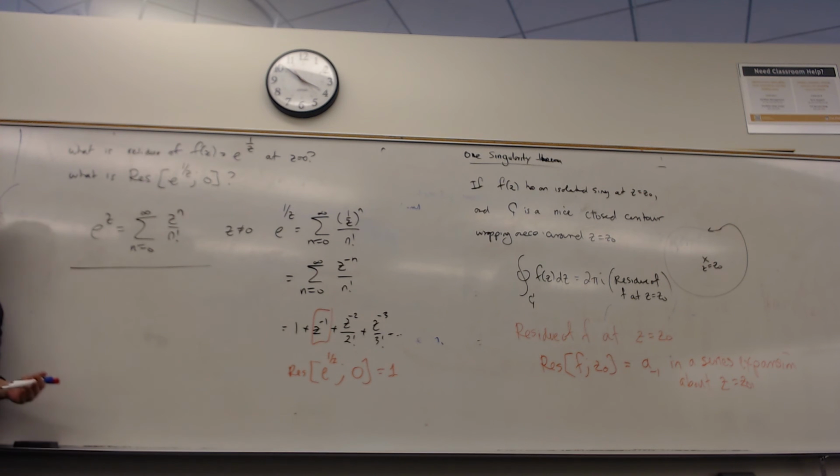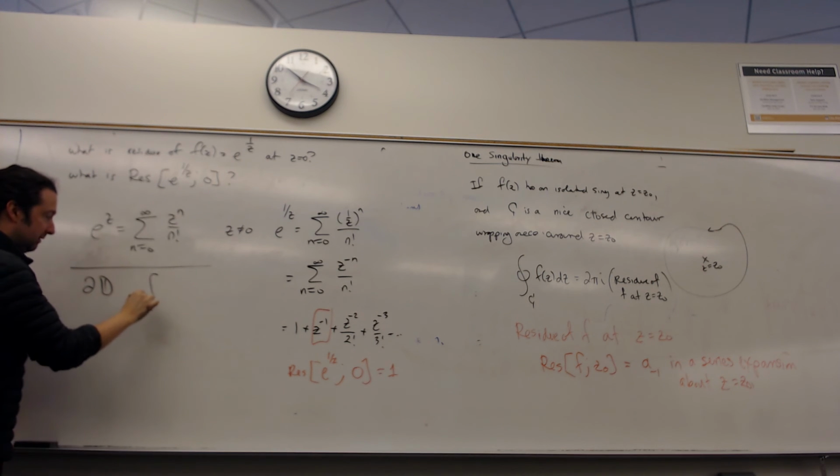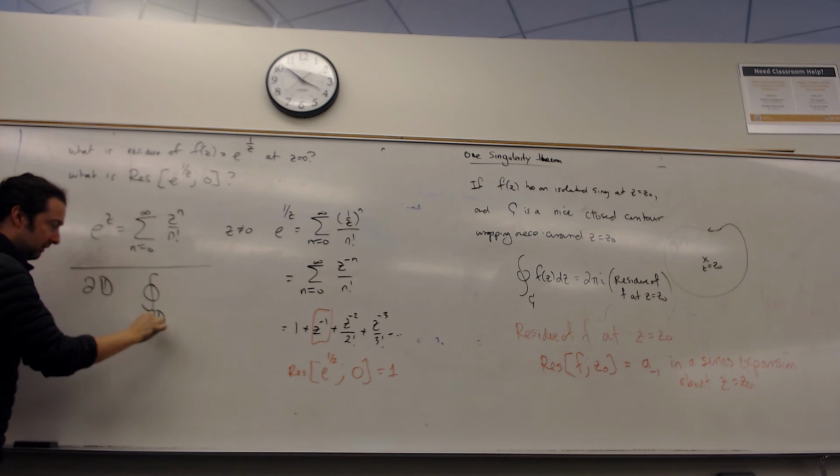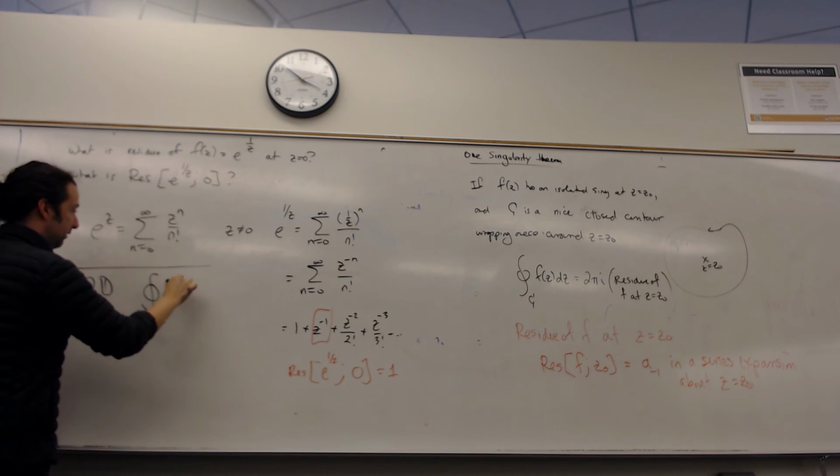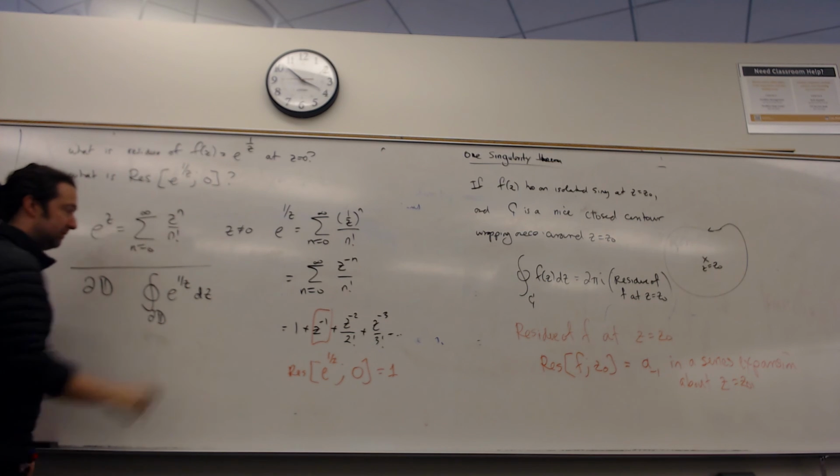Okay, so what does the one singularity theorem say that we should do? Suppose that we took a contour C, where one symbol that he likes to use all the time is this boundary of the complex unit disk, right? So let's integrate on the boundary of the disk, which is just the unit circle, the function e to the 1 over z dz.